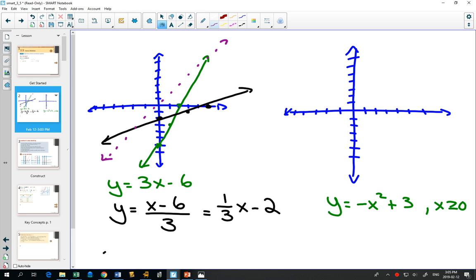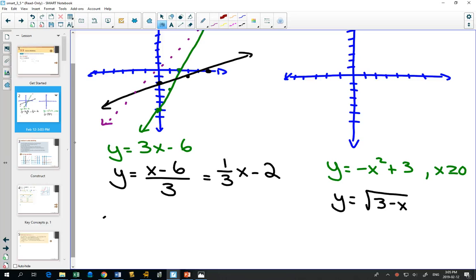I'll do that in green. And the inverse was the square root of 3 minus x, which I'll do in black. The black one, though, isn't in a form that we normally graph. Normally, in our square root equation, we would have the negative x first and then the plus 3.